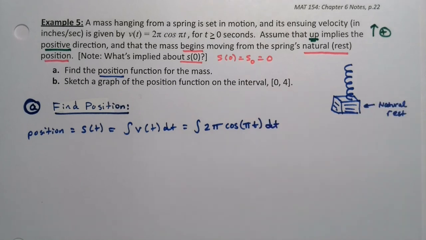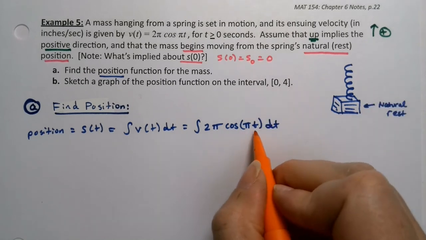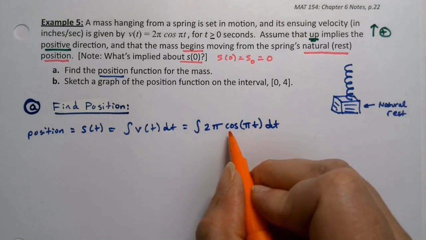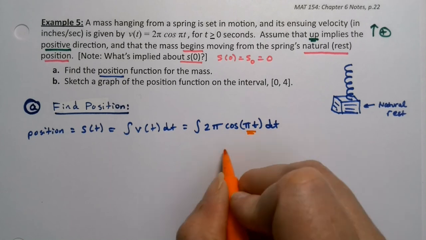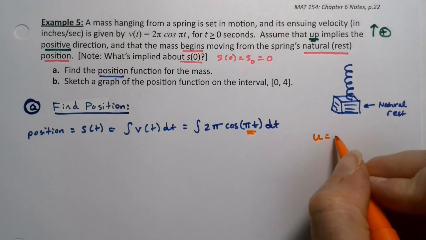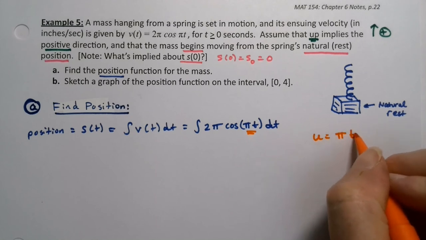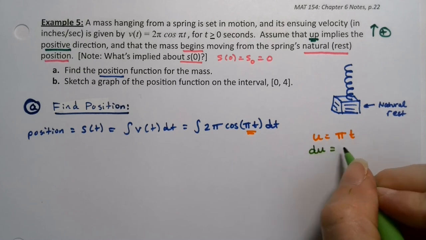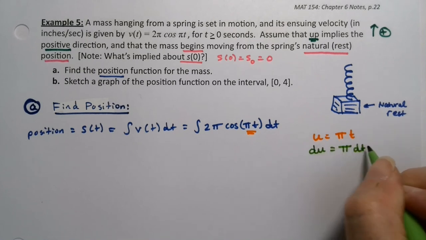And this is why we reminded ourselves how to do u substitution, because that is a function nested inside another function. Therefore u is equal to pi t, and du would be equal to pi dt.